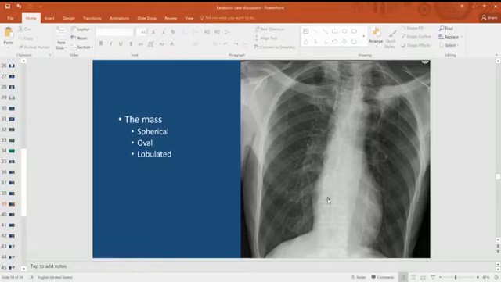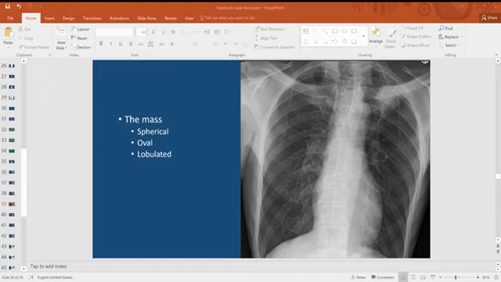What is the shape of the mass? Is it spherical, oval, or lobulated? Okay, we can stop the voting, and the mass is spherical in shape. This is the mass here.